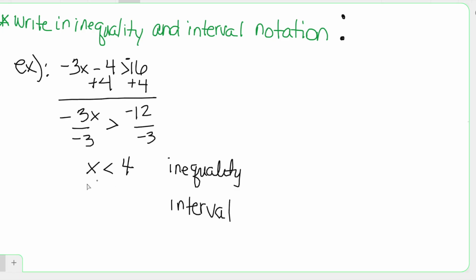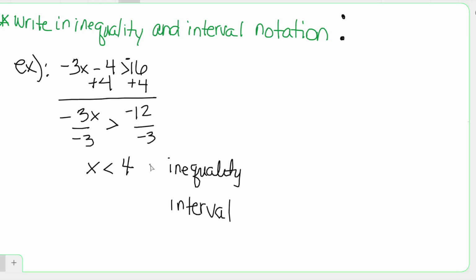Less than means what? Less than 4. That number is anything as long as it is less than 4. How do you explain numbers that are less than 4? That could be negative 2, 0, 1, 3, or 3.99999. You get where I'm going?